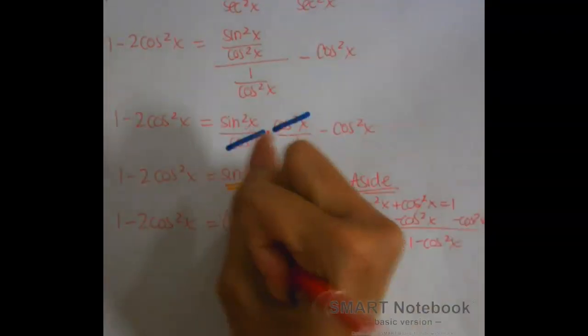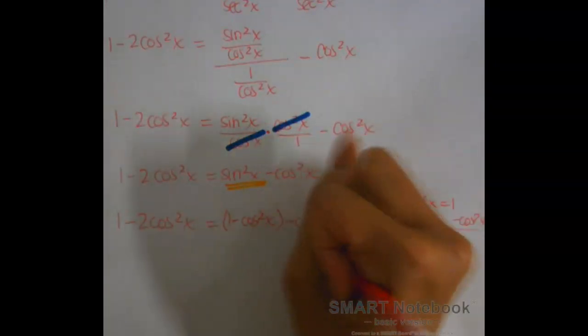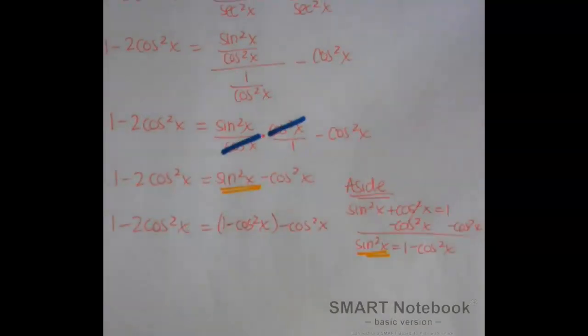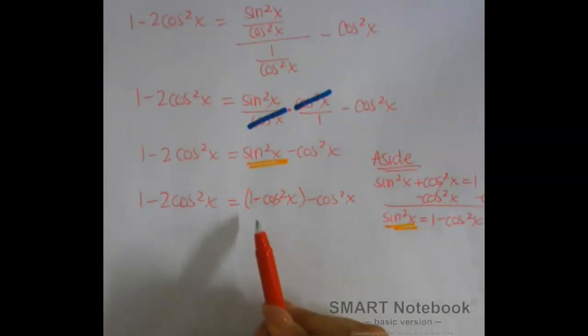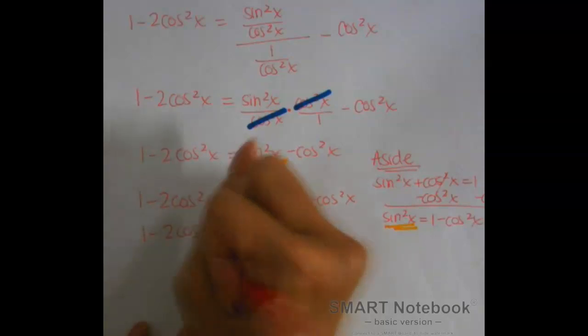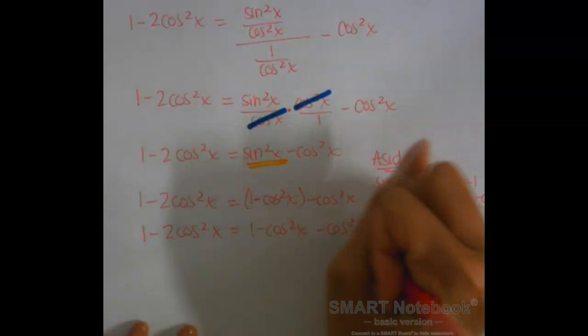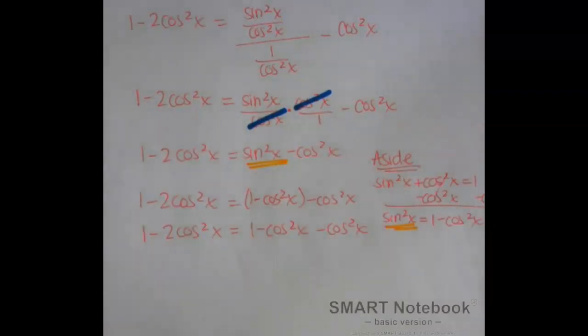We'll have 1 minus cosine squared x minus that other cosine squared x. I'm putting that in parentheses mainly so you don't forget it and you don't lose it. Do I need that parentheses around it? No, I'm not distributing anything, so we'll rewrite it. What can I do from here?